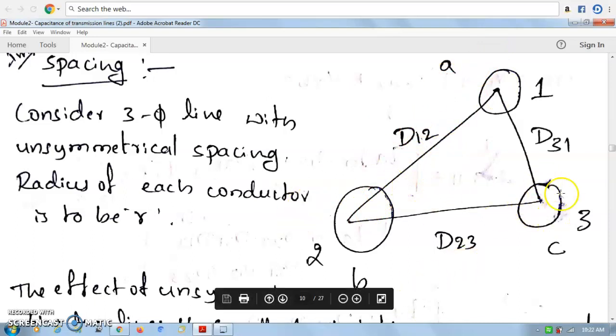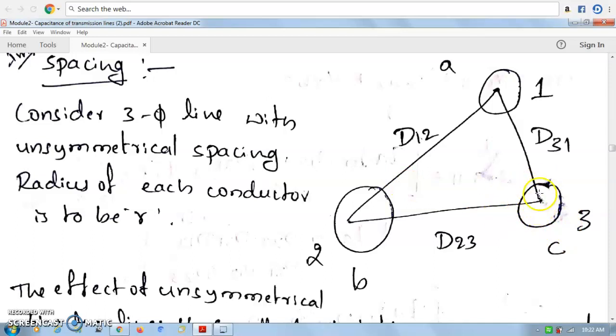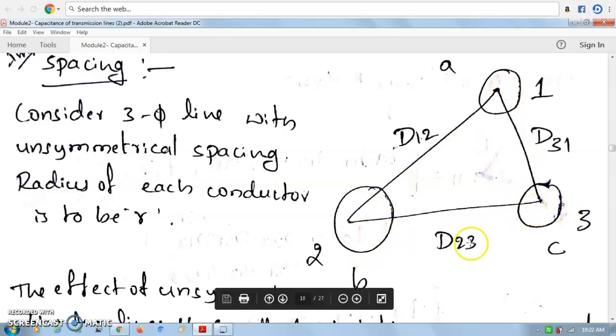Next, for the C conductor, QC into ln of, for C, which is the second one here, VAB: B is the second, A is the first one. So B with respect to C divided by A with respect to C, you have to take. Therefore D23 divided by D31.